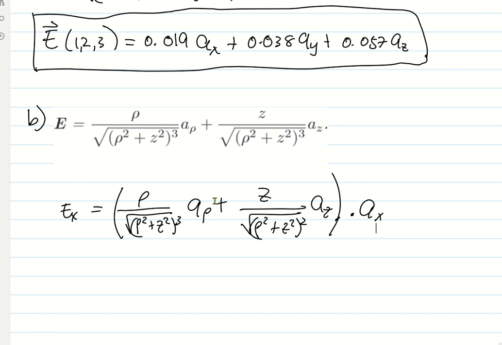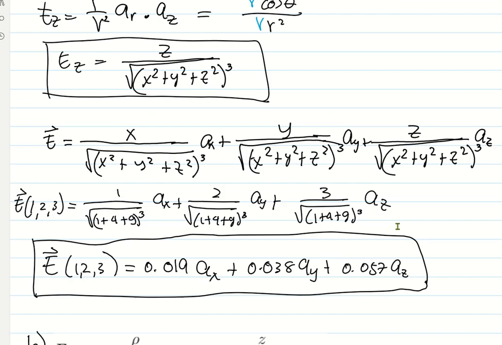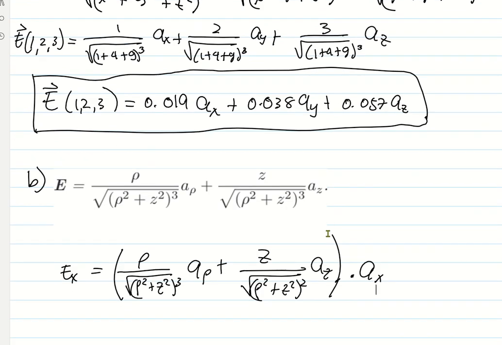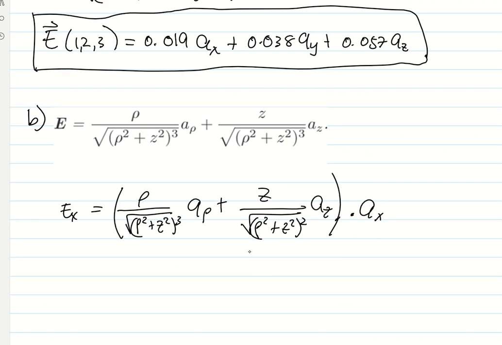So if we distribute AX, we have A rho dot AX. So we go back again to the table, A rho dot AX is just equal to cosine of phi. So this will be rho times cosine of phi all over the square root of rho squared plus z squared cubed.